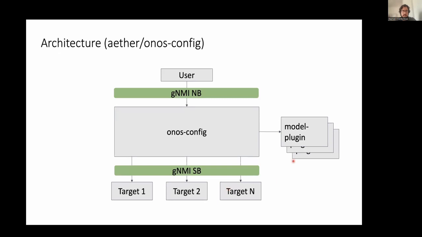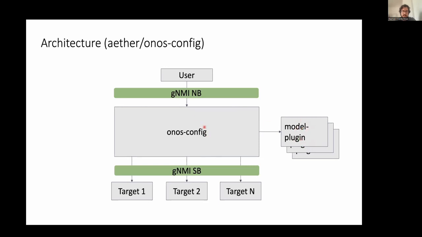And this is only enabled because of the onos-config architecture. onos-config is a very important and core component here, very well designed, because it is based on gNMI, and the model plugins are based on YANG, and using these onos operator abstractions, they can be loaded at runtime in a Kubernetes cluster.